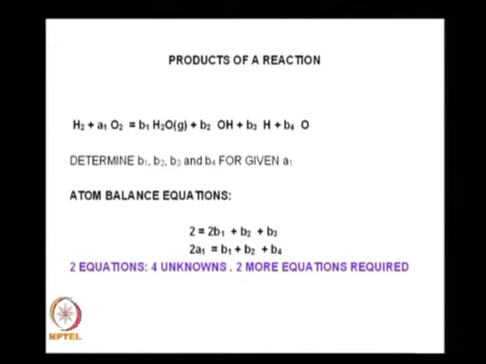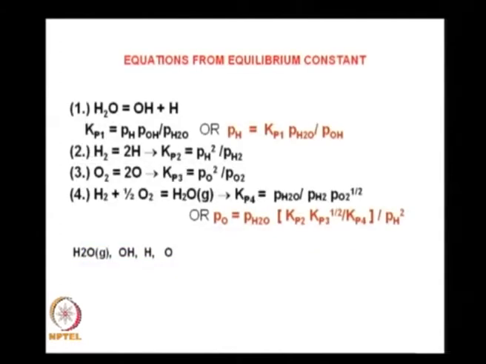But then I find, yes, A1 is known, we just say for a mixture ratio of 5, A1 is 5 by 16, and therefore now I need to know what is going to be my value of B1, B2, B3, B4. I have 4 unknowns but only 2 equations, and therefore I need 2 more equations, and to get the next 2 equations I use the value of the equilibrium constants. And how do I use it?